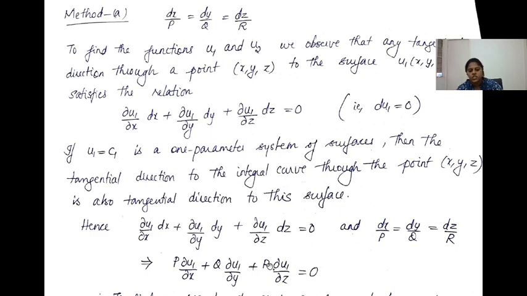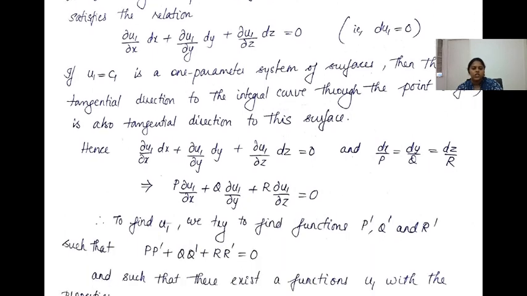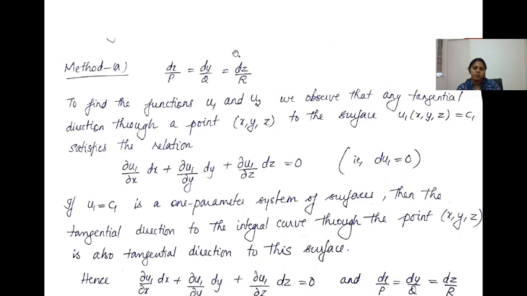What remains is p dou u1 by dou x plus q dou u1 by dou y plus r dou u1 by dou z is equal to 0. Our aim, when you solve the equation dx by p equal to dy by q equal to dz by r, is to solve for u1 and u2.